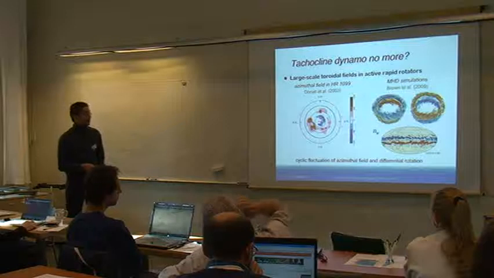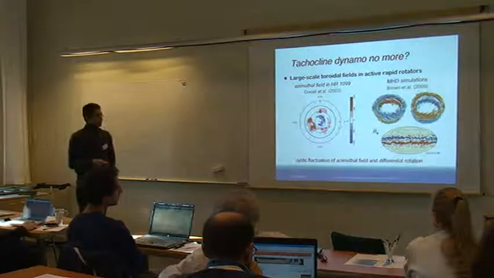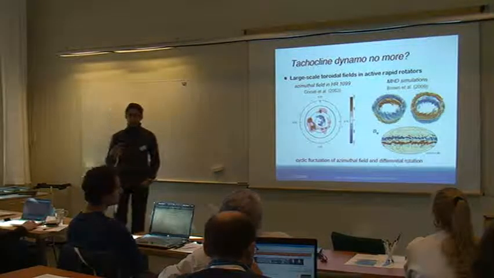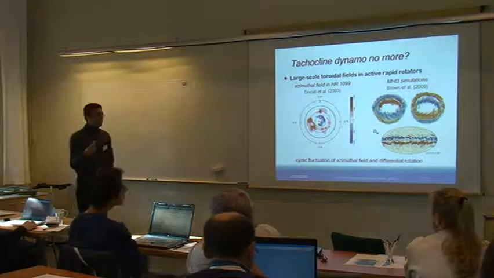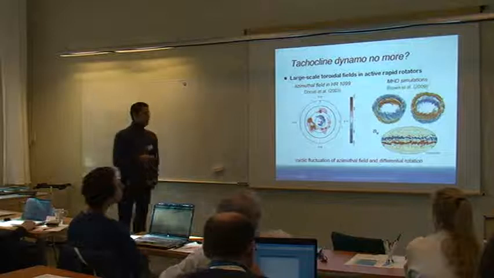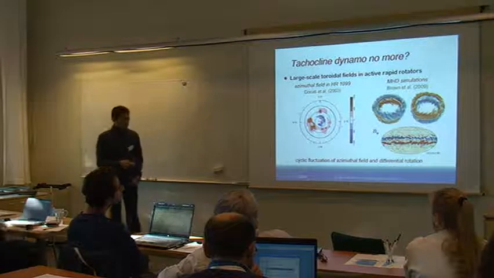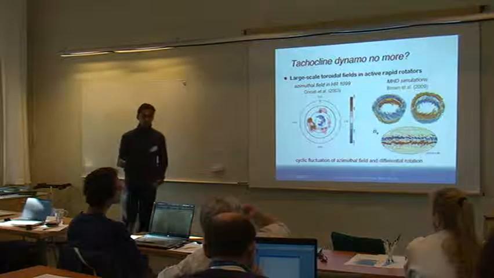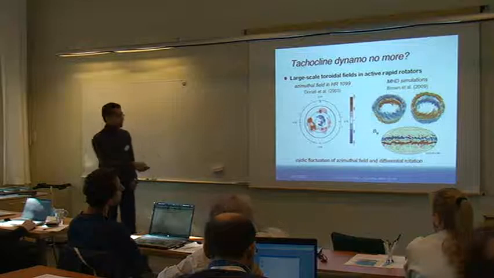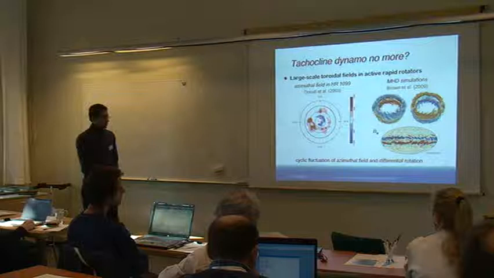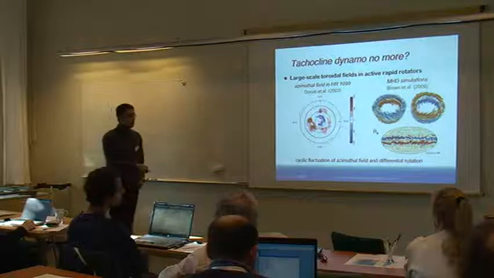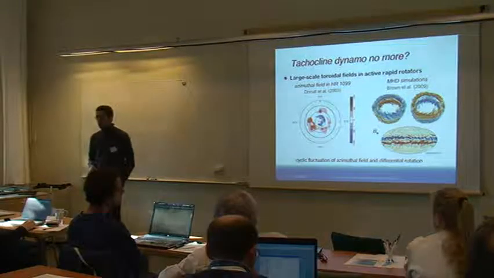Brown et al. that demonstrated that if one takes a sun-like star and assumes that it rotates, say, 3 or 5 times faster, then the natural consequence of the interaction between differential rotation and convection is the generation of coherent toroidal structures at the bottom of the convection zone, which look similar to what people get in Doppler imaging.